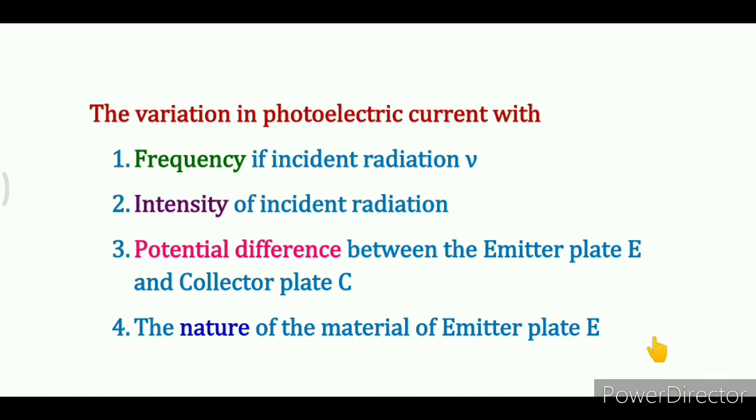Students, please make sure that the variation in photoelectric current we are studying here is with frequency of incident radiation, second, intensity of incident radiation, third, potential difference between the emitter plate and collector plate, and fourth, nature of the material of the emitter plate E. When we see the effect of frequency, other things we have to keep constant and change the value of frequency to see its effect on the photoelectric current.